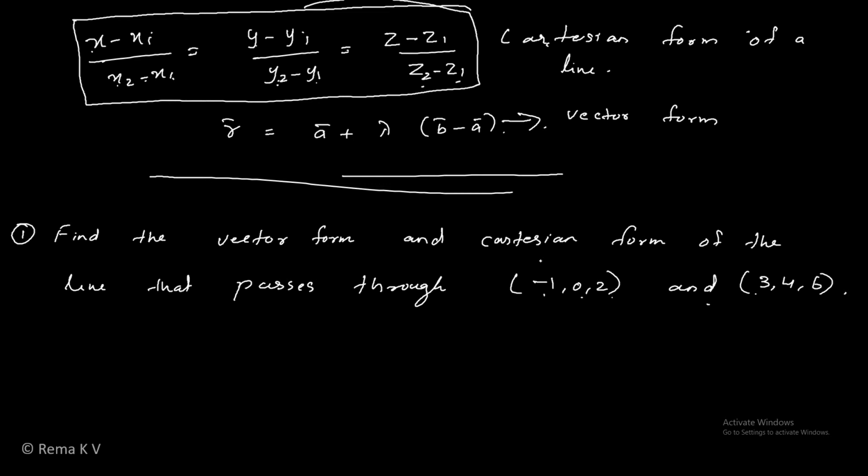So 2 points are given to us. We can consider this as x1, y1, z1, and this is to be taken as x2, y2, z2.